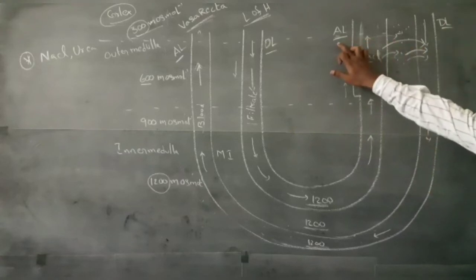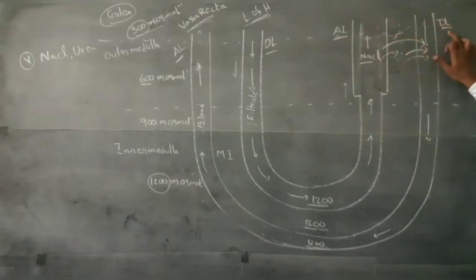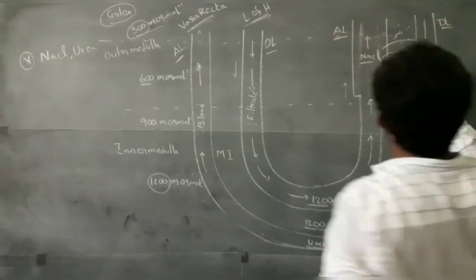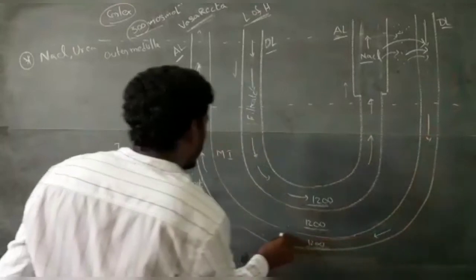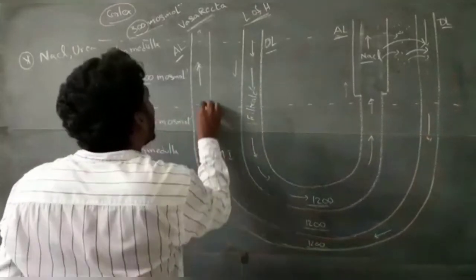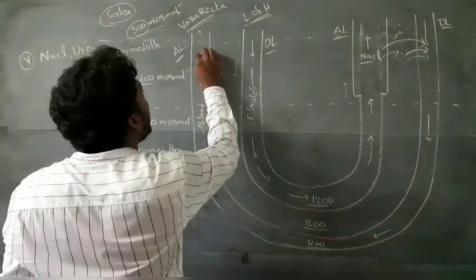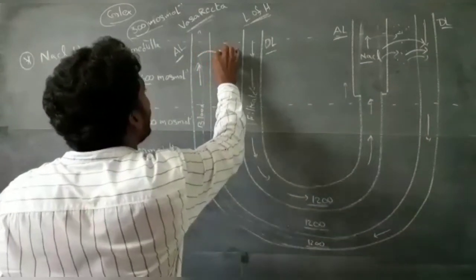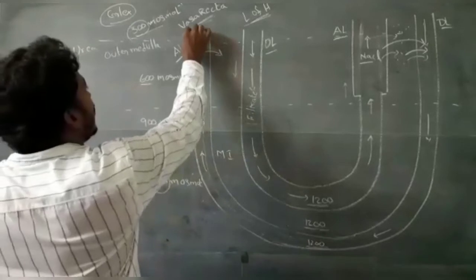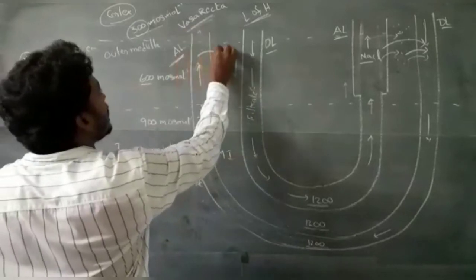This is the ascending limb, this is the descending limb. This sodium chloride enters into the medullary interstitium at the ascending limb of the vasa recta.